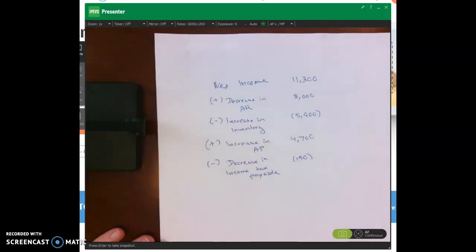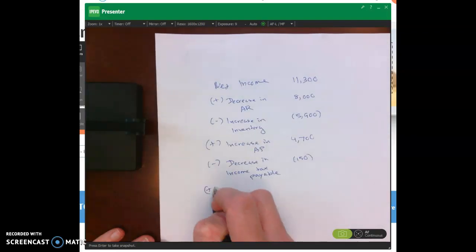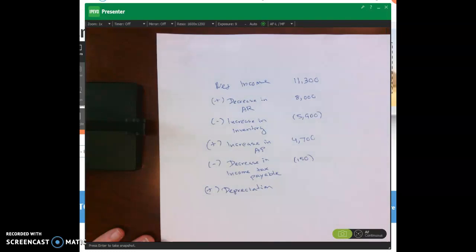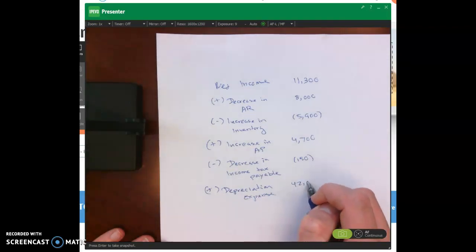Now, keep in mind that the real step 3 is to add back non-cash expenses. But for the context of this class, the one we're going to focus on is depreciation expense, which is given to me at $42,000.